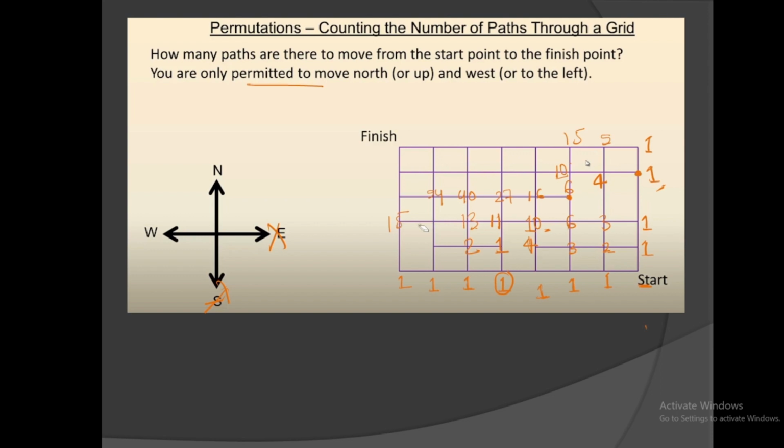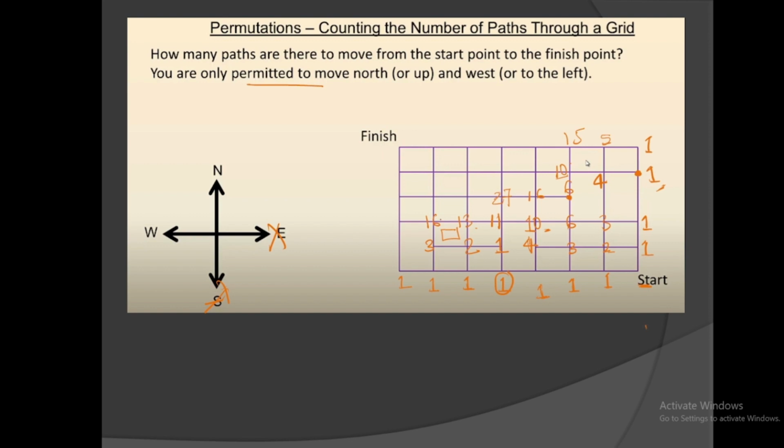But here it is not one way. Wait. So, since we have 16 plus 11, how much? 27. And this 11 plus 2 is how much? 13. And this 2 plus 1 is how much? This is 3. So now we have this grid possible.